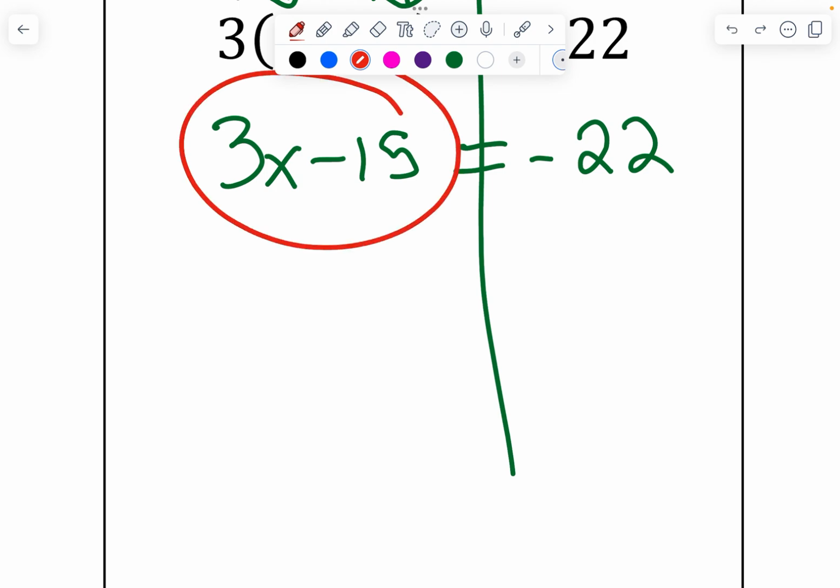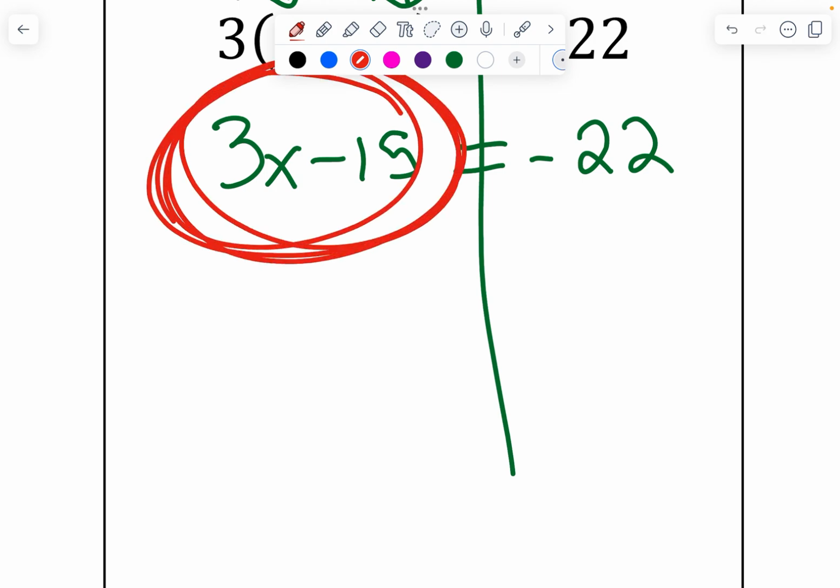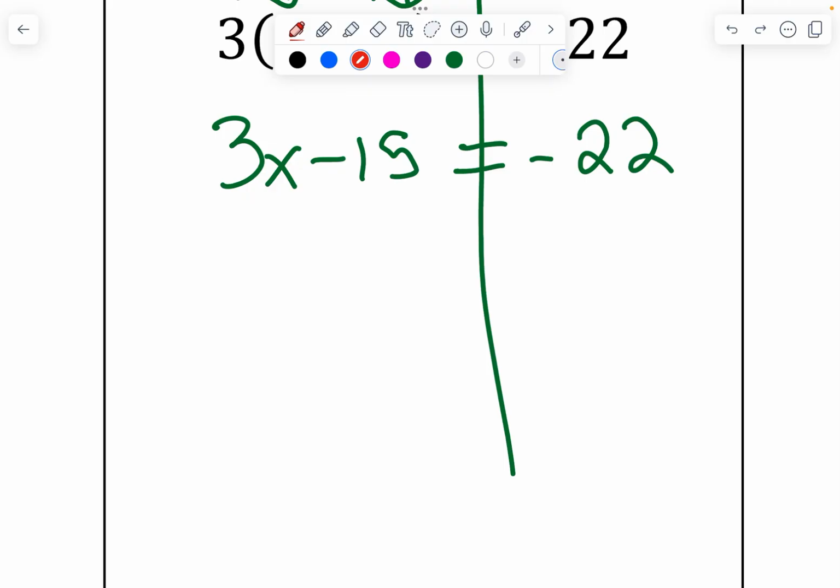First off, I can't add these two together. One has an x, one doesn't. Next, I got to work backwards from PEMDAS to get the x by itself. So I move this negative 15, but the only way to move it is to make it the opposite, or the inverse. So we're going to make it positive 15.